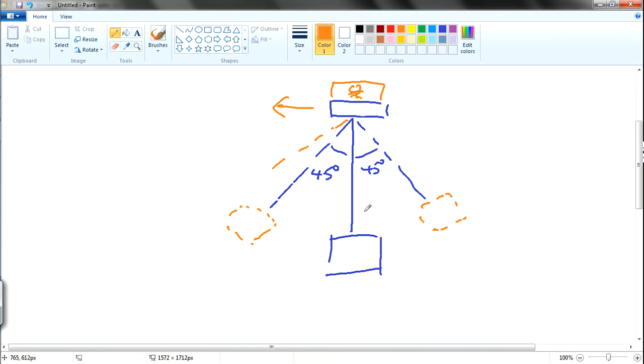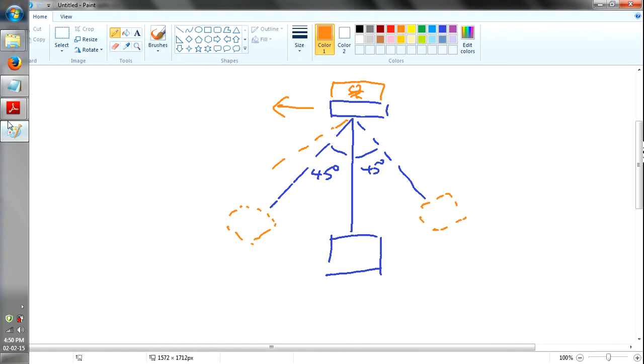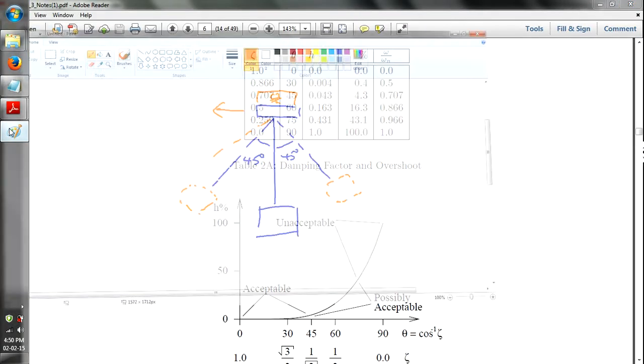Under some circumstances you can allow larger than 45 degrees for a certain period of time, but under other circumstances you cannot allow that to happen. So you have to be able to articulate whether you accept the 45 degrees or not. This is where you have to really decide.